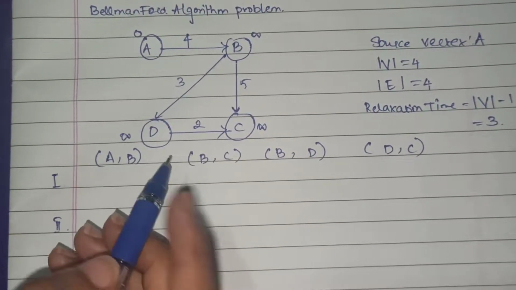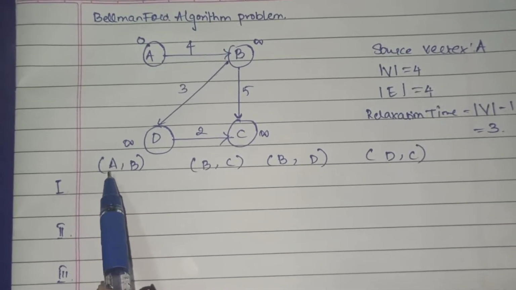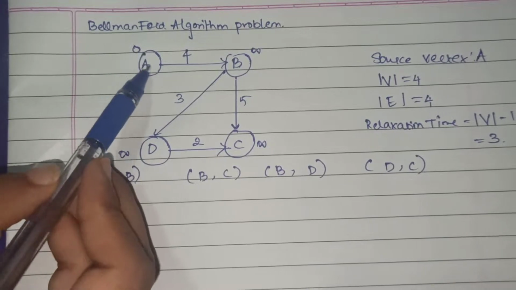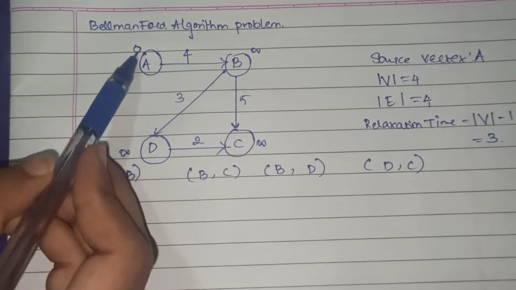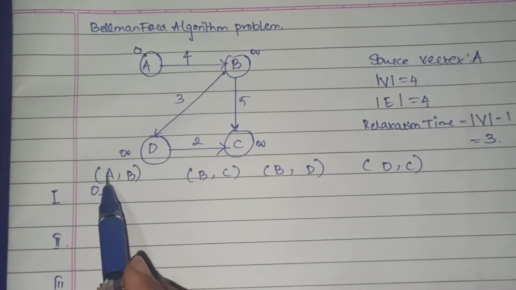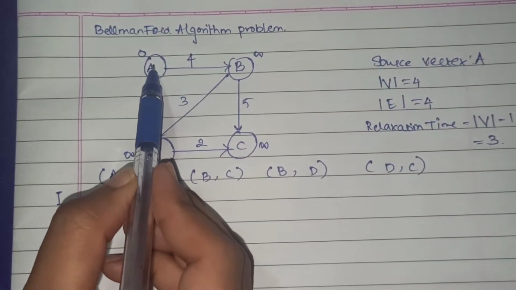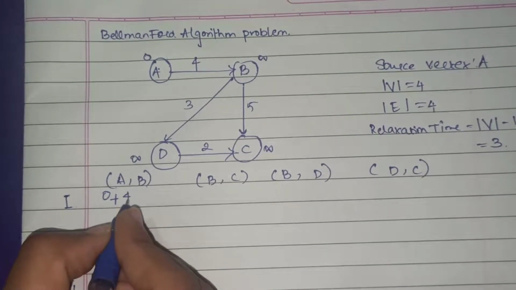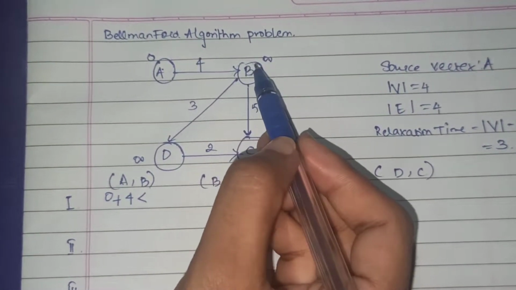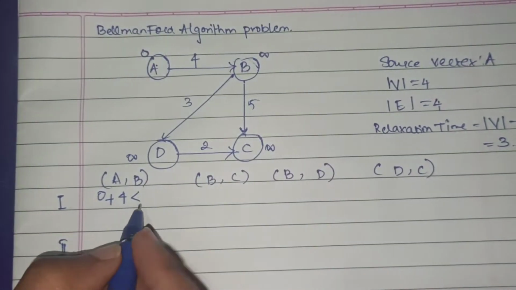Now we'll come to the edge A to B. Here first you will write down the weight on the source which you have initialized, that is 0, plus whatever distance between A to B, that is source to destination, that is 4, should be less than the weight you have assigned to B in the initialization, that is infinity.